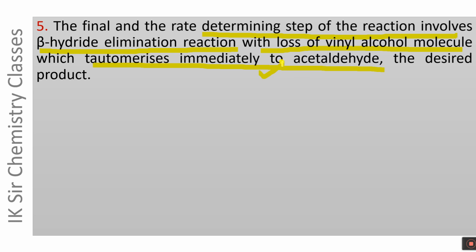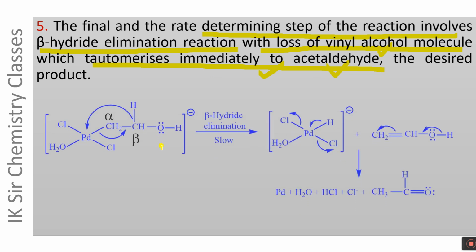In the final step of the reaction, beta hydride elimination takes place, forming a vinyl alcohol molecule and a metal hydride complex. Vinyl alcohol tautomerizes immediately to acetaldehyde, which is the desired product. It has been represented as follows.